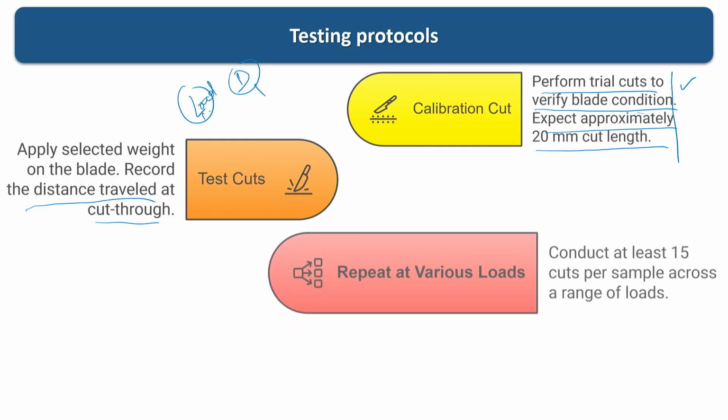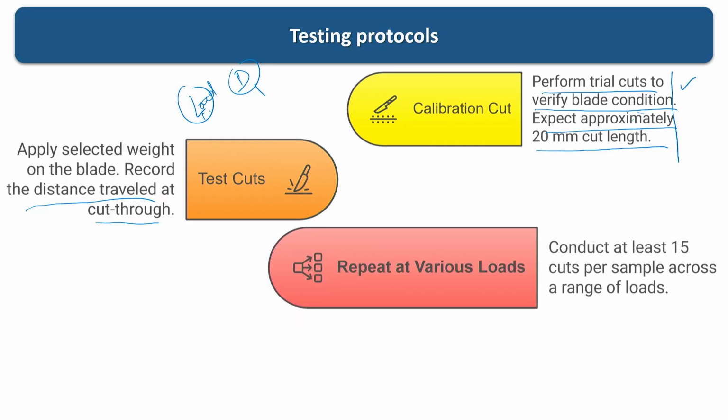Next is to repeat this at various loads. So, we have to repeat it at each load and record the cut through. So, load is there and distance. So, 1, 2, 3, 4, 5. So, the distance is recorded.